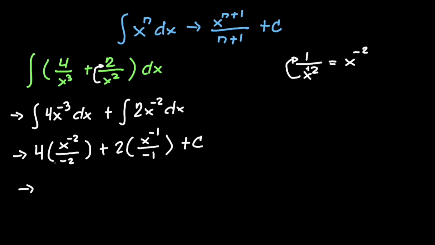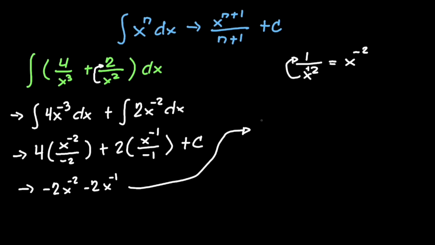So you will get 4 divided by negative 2 will be negative 2x raised to the power of negative 2. 2 divided by negative 1 will be negative 2x raised to the power of negative 1. So if you want to simplify this further, you can put the x raised to the power of negative 2 down below the fraction again.